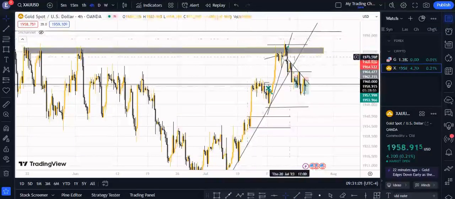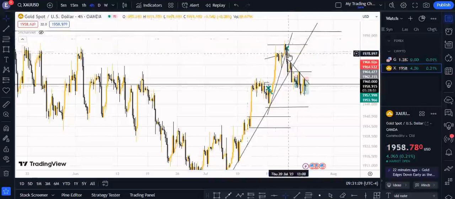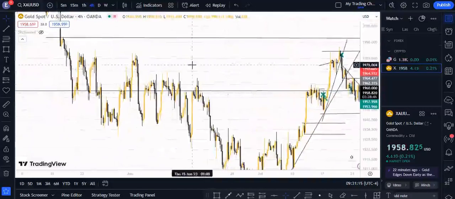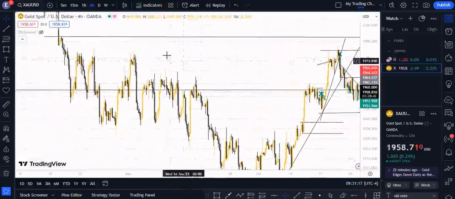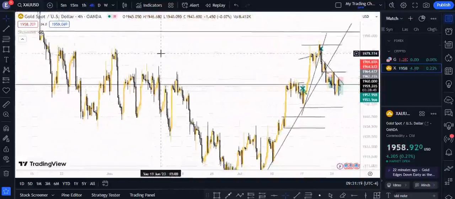The second leg candle literally doesn't break the first leg, which means there's a probability that the market is going to start selling to the downside.